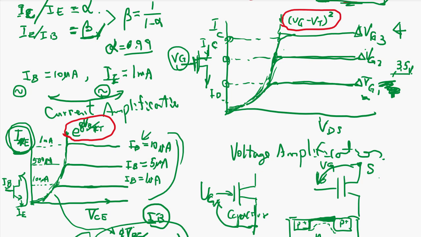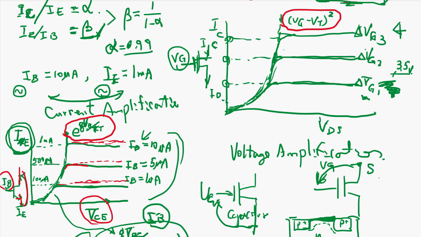Another important thing that a lot of people don't mention in transistor operation: saturation is actually not constant, it slightly increases. This is important in analog circuit design. If you increase the voltage across this transistor, even with IB fixed, the current slightly increases.